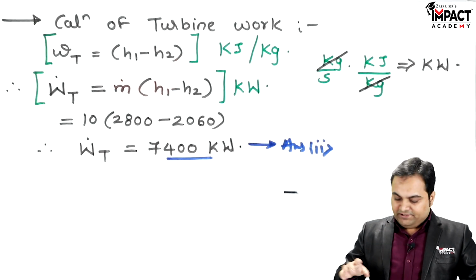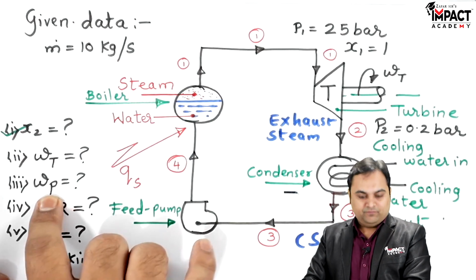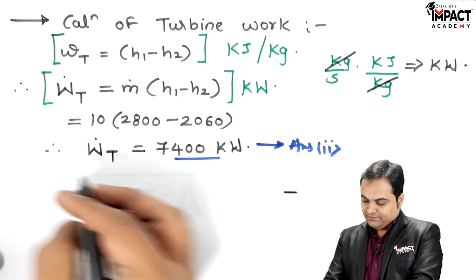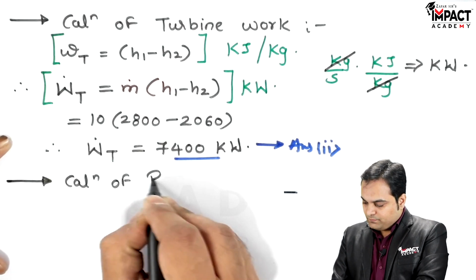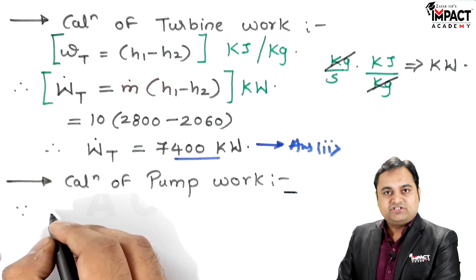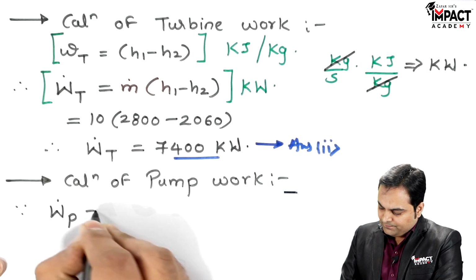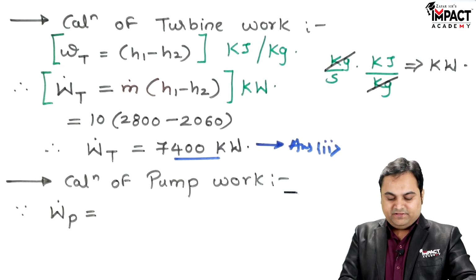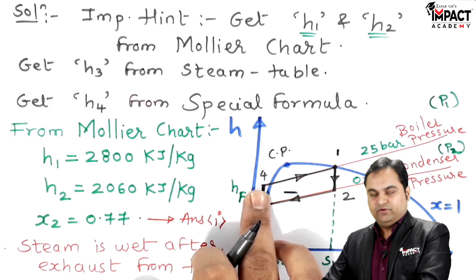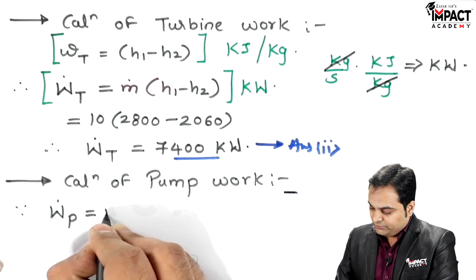So now after getting the turbine shaft work, the next part is to find the pump work in a similar manner. Since the power which is consumed by the pump is given by W dot P, and pump is operating between enthalpies of H3 and H4. Basically H4 is the higher value, so it is H4 minus H3 into the mass flow rate of steam.